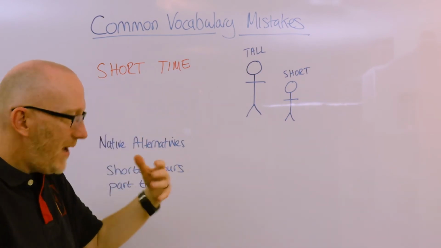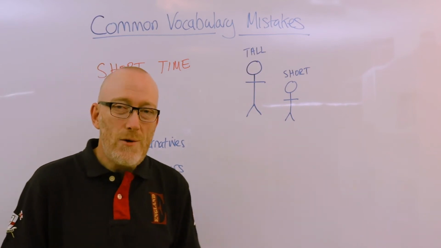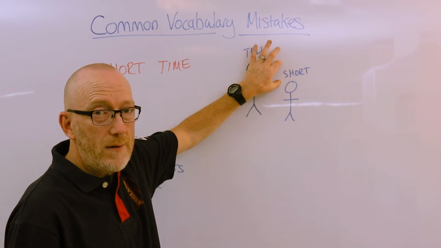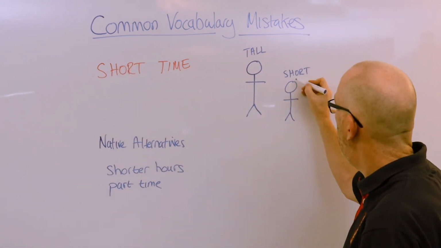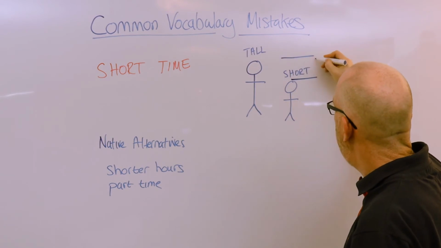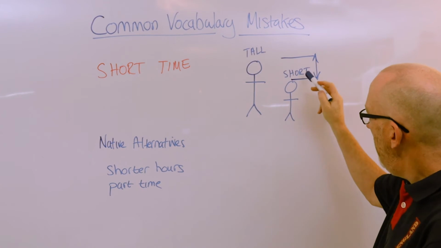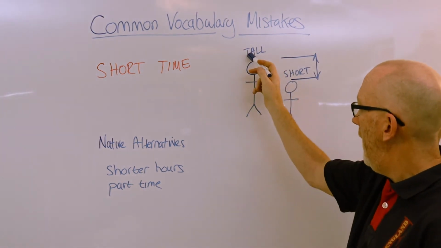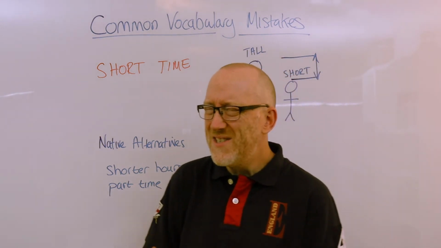So short is a word that describes not necessarily less or fewer, but it describes the difference. The difference in these two guys is here to here. This guy is shorter than this guy, or this guy is taller than this guy. That's what short is describing.